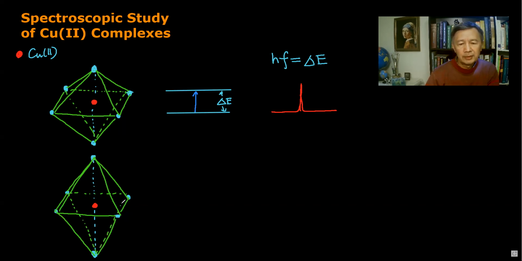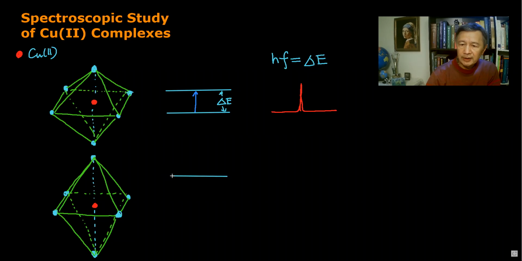Bear in mind that all of these atoms are electrically charged. Therefore, due to the very small distortion in this molecular structure, the energy levels will change accordingly. Again, according to crystal field theory, we can determine theoretically the energy levels in the second case.